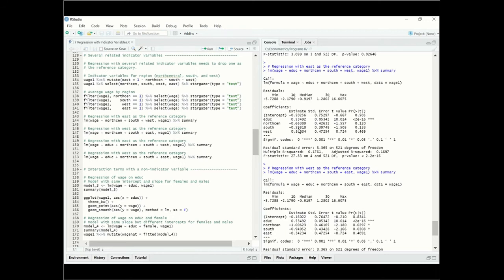Wages in the South are 59 cents lower than wages in the East. And here we would be saying that wages in the East are 34 cents lower than wages in the West being its reference category, and wages in the South are 94 cents lower than wages in the West. So that's how we are going to be interpreting these results that we have here.